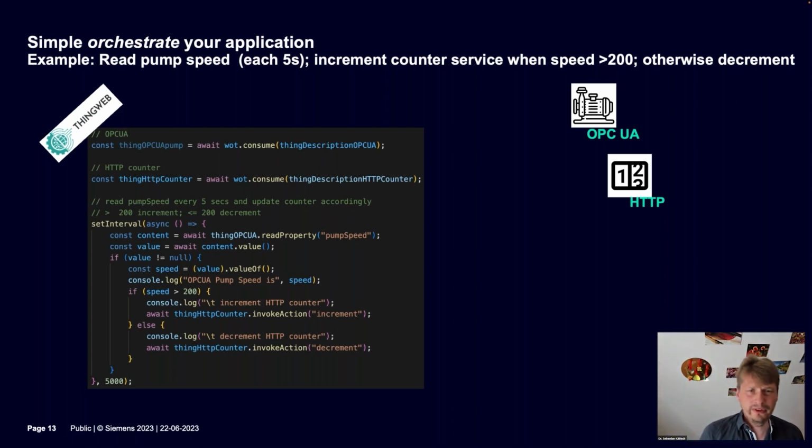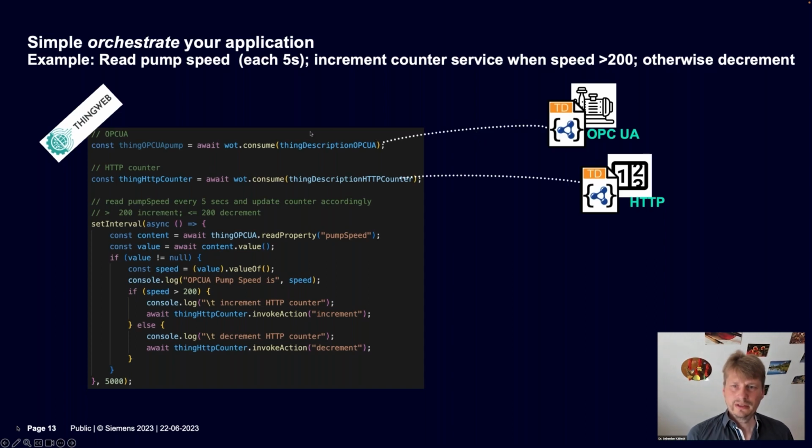There is also a Web of Things library existing for this, which is called ThingWeb. And to have this small scenario, it's really easy to create this application. What you simply have to do is provide the location of the thing description so that the library understands what kind of opportunities you have with this thing and what kind of data points are provided there.